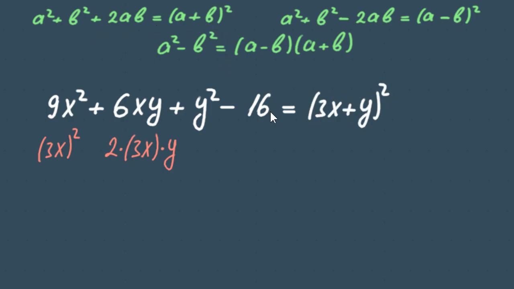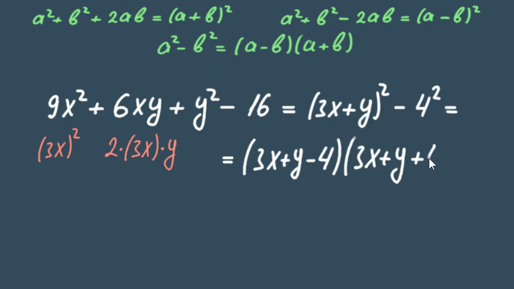And 16, I will write as 4 in the second power. And again I apply the formula of the difference of squares. Instead of a, here I will have the expression 3x plus y.